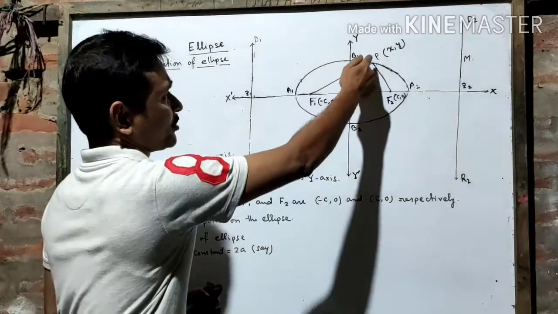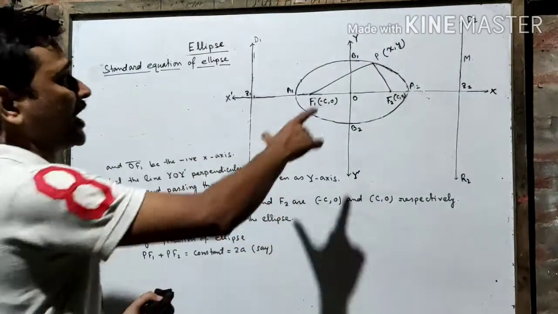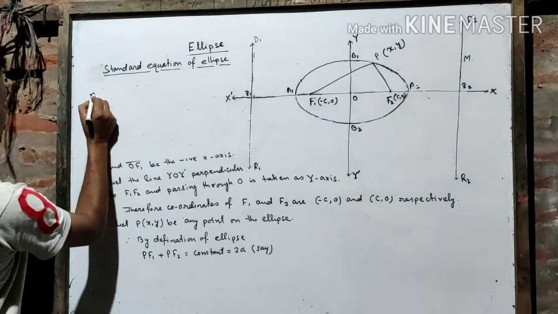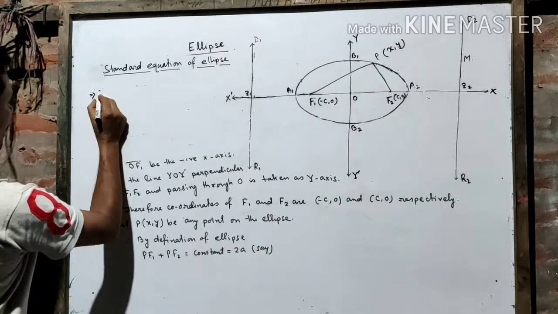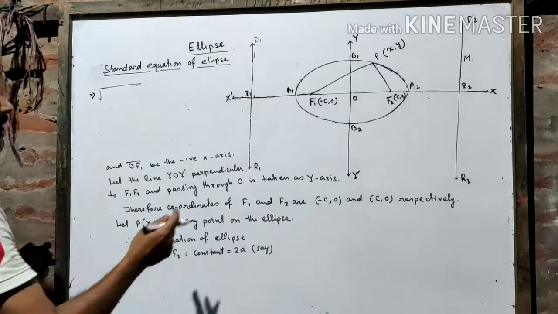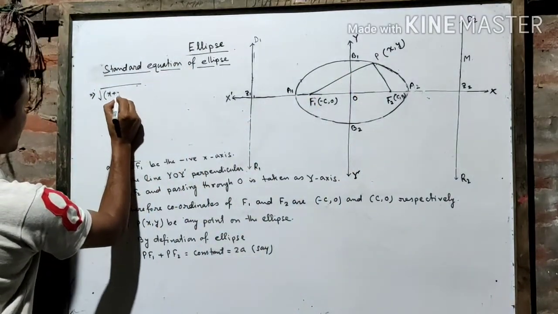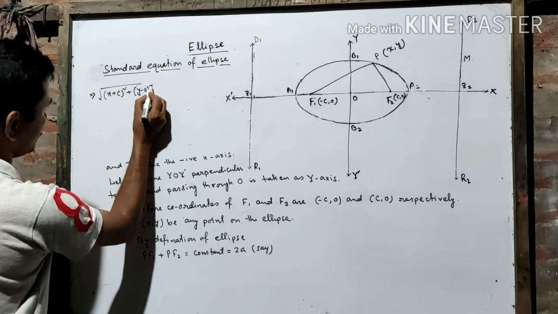PF1 is the distance between P and F1. So using the distance formula we can find PF1. This implies, under root, by using the distance formula, x minus (−c), that is (x plus c) whole square plus (y minus 0) whole square.